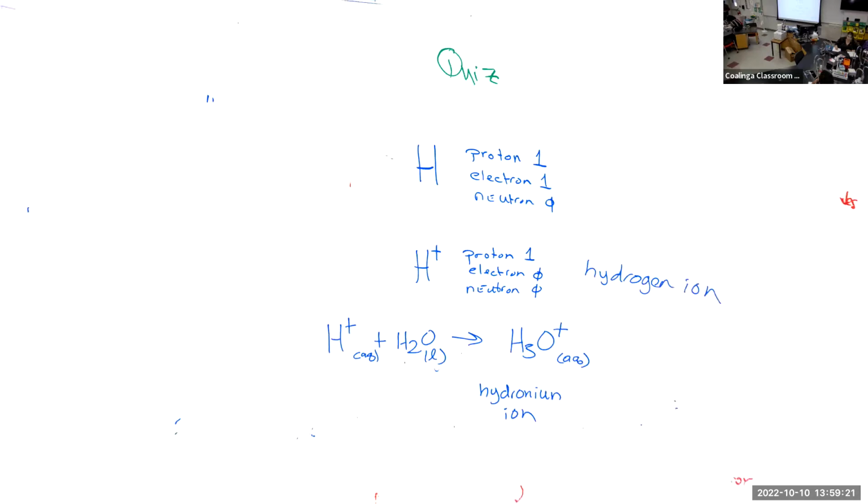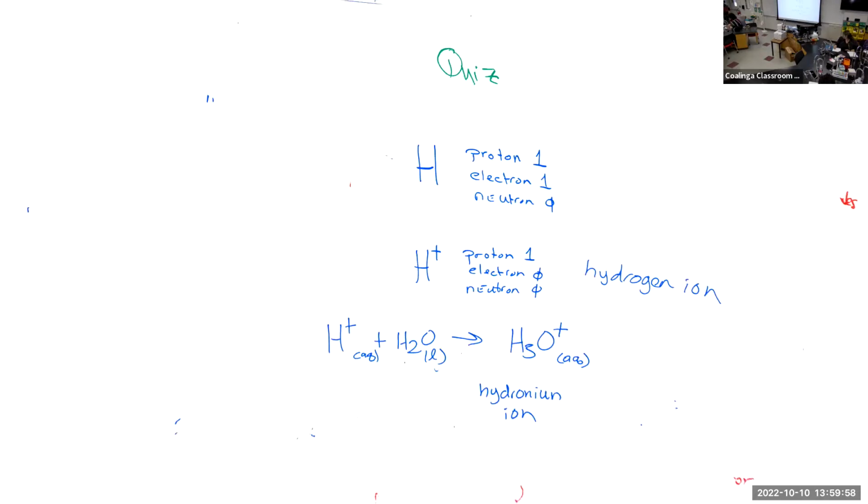So often when we're making reference to the hydronium ion, all we're really making reference to is the hydrogen ion. Does that make sense? For simplicity, I will often use H plus, even though hydronium is what forms in an aqueous environment, because it makes it easier to keep everything balanced.